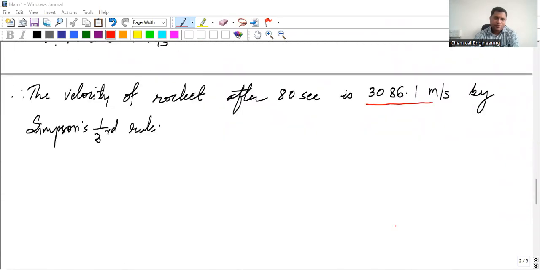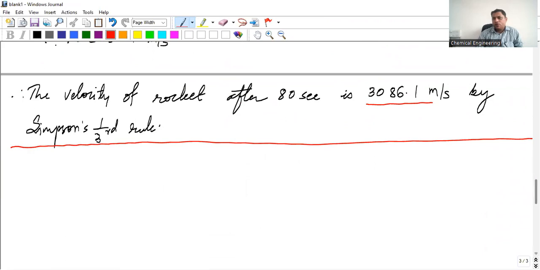So this way we use Simpson's 1/3 rule and the trapezoidal rule. Here we have seen that while using Simpson's 1/3 rule, we must have an even number of subintervals.